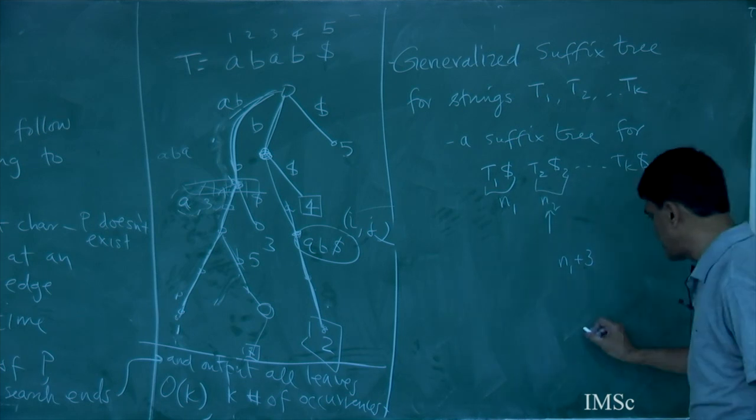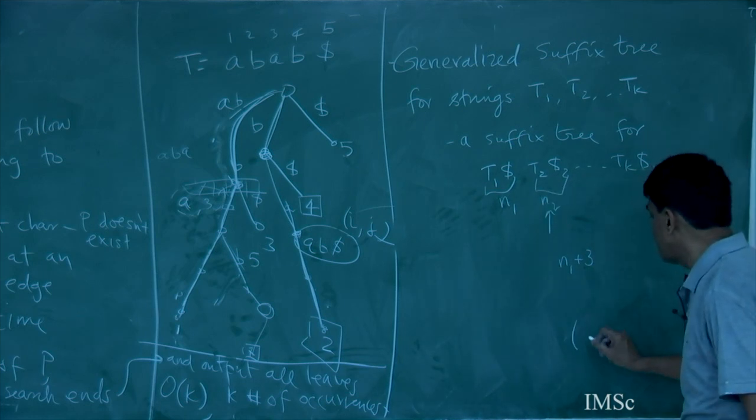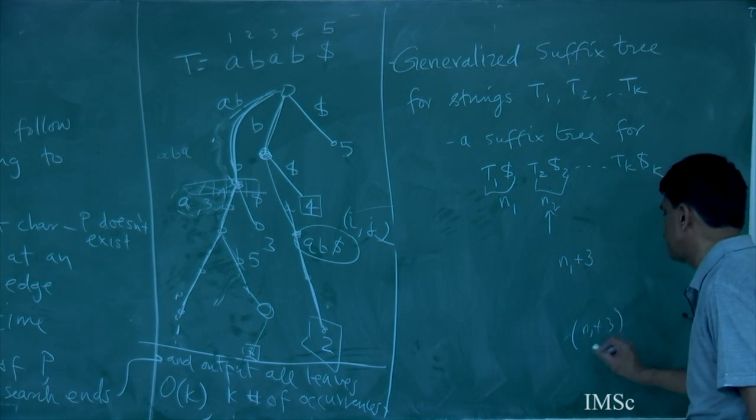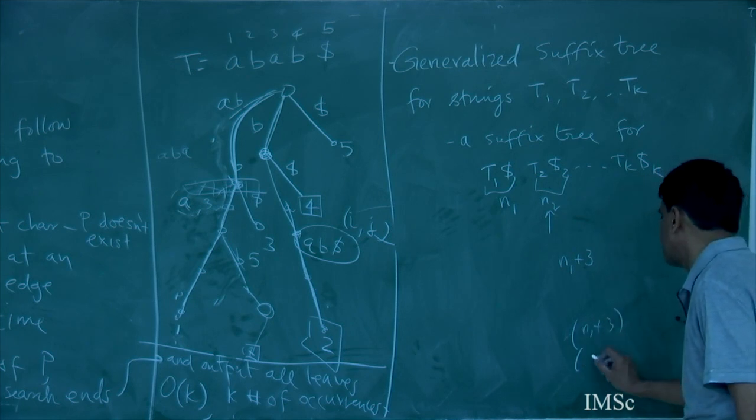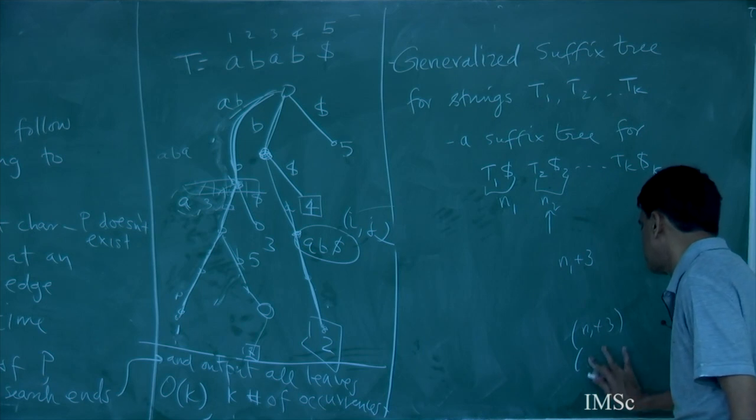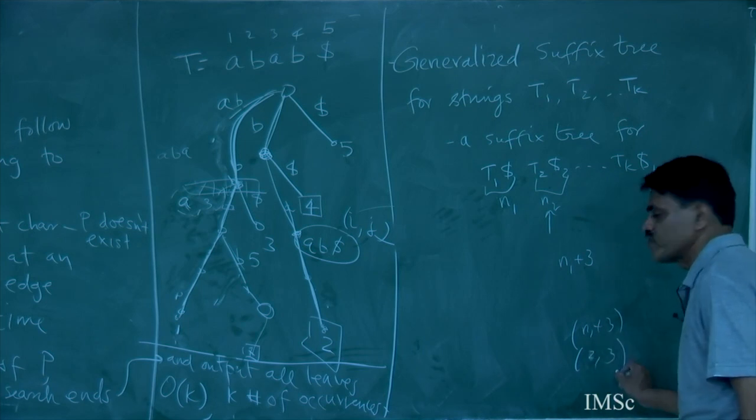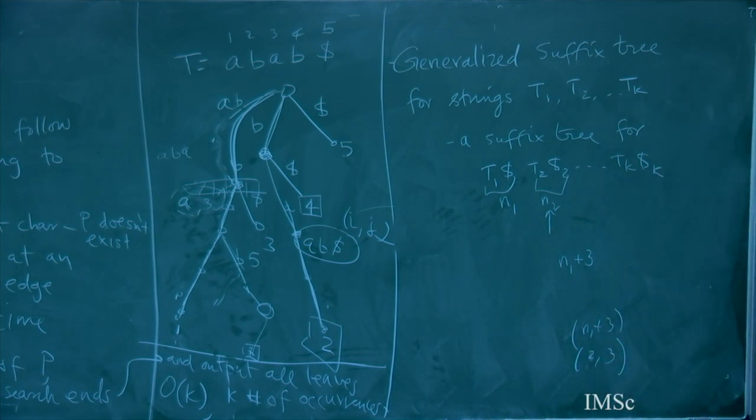So, instead of writing n1 plus 3 at the leaves, you might write the pair 2 comma 3, which tells you the third character of the second string. When you get to the leaf, you do not have to calculate to figure out which text it is appearing in. You just know your pattern appears in position number 3 of text 2.